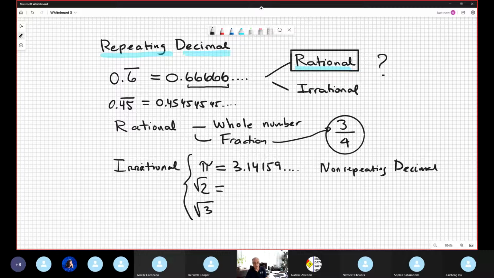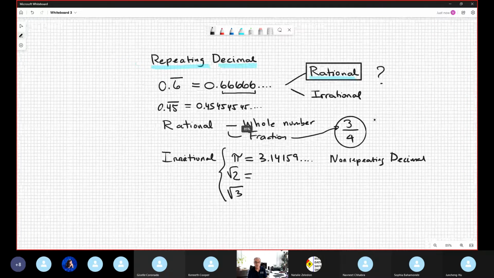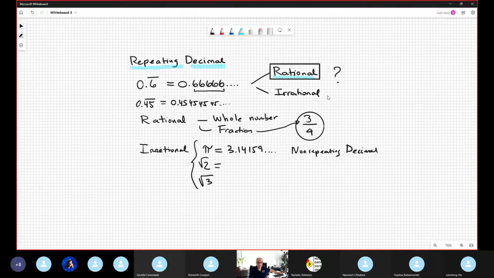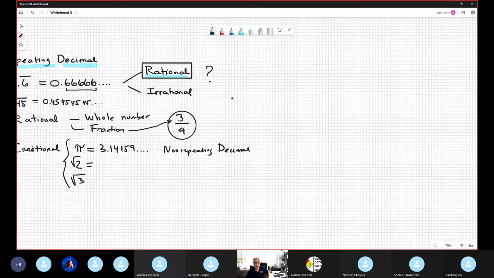So now, to study this idea using the geometric series, let me try to do my best. Suppose we come back to the famous 0.6 repeated.